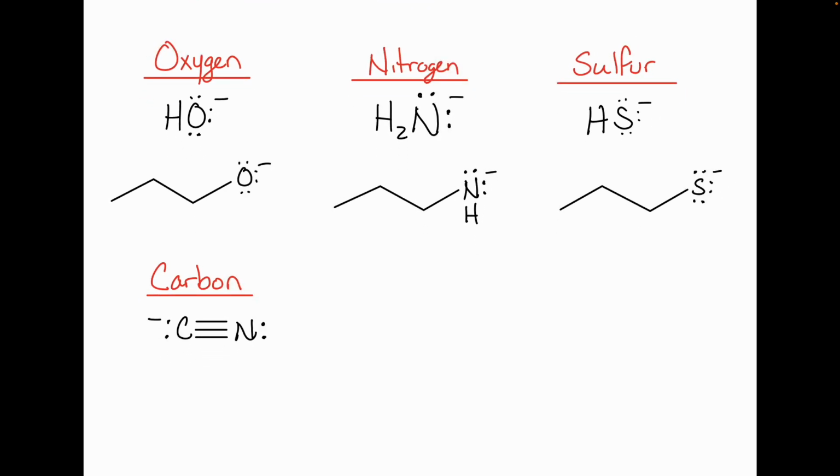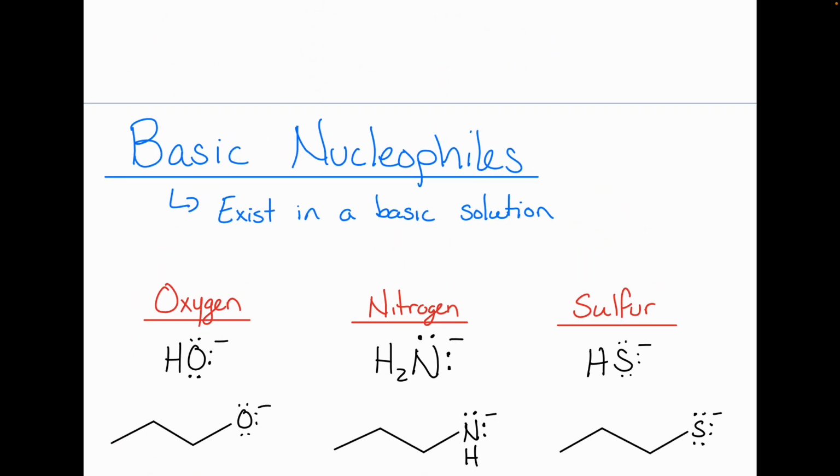That cyanide ion is also a good basic nucleophile, or rather a nucleophile that you can have under basic conditions. What does every single one of these nucleophiles have in common here? The negative charge. All right, boom. So basic nucleophiles, again, they exist in basic solutions. We can see these all have negative charges.